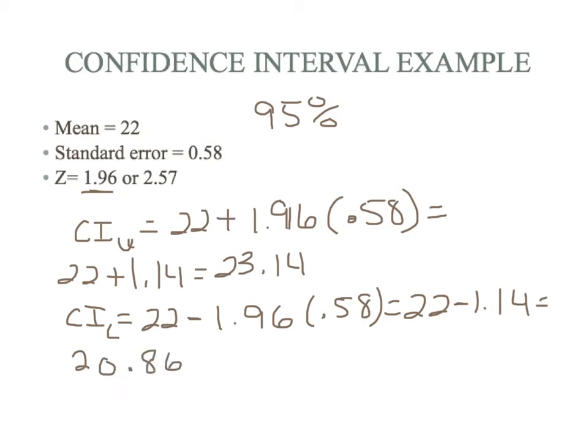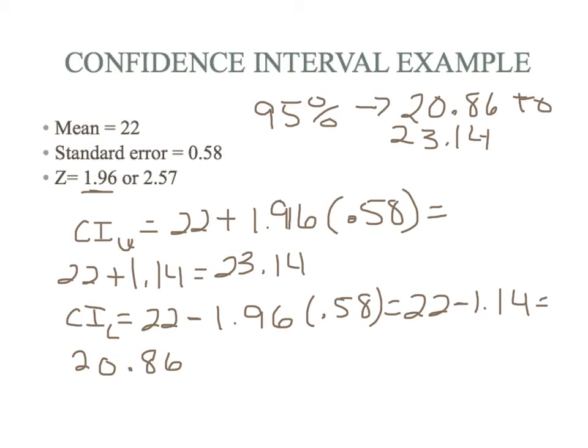So our confidence interval then for a 95% confidence level equals 20.86 to 23.14. So this is the range of values that the real mean for the population is likely to fall in. How likely? 95% likely. And so there are only 5 chances out of 100 that the population mean could actually be outside of this range. And so that's pretty good.